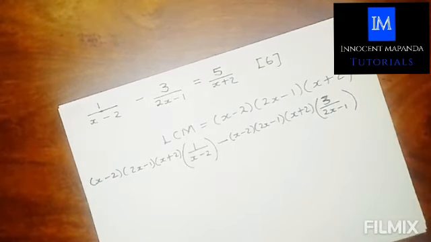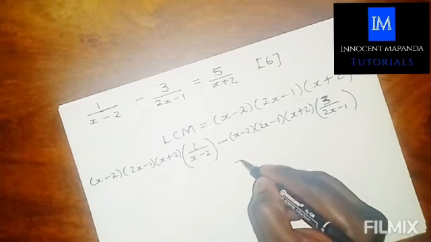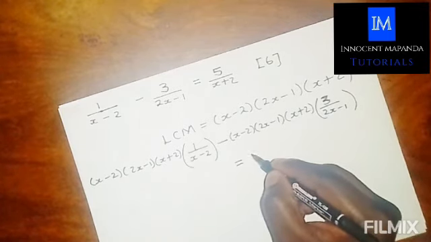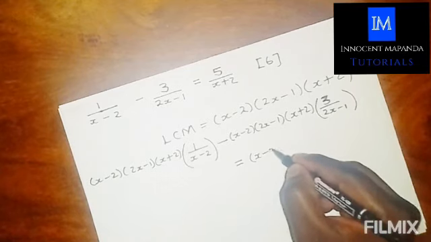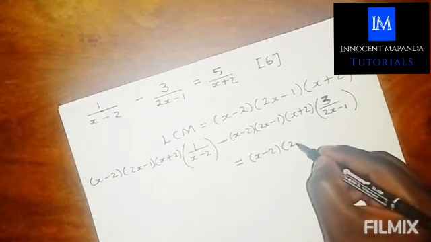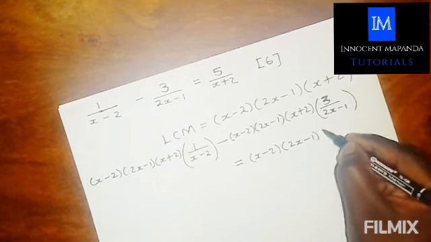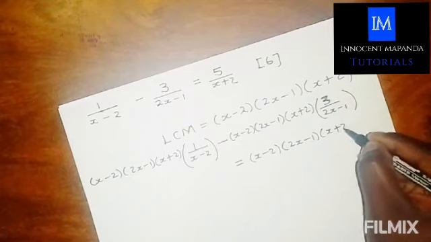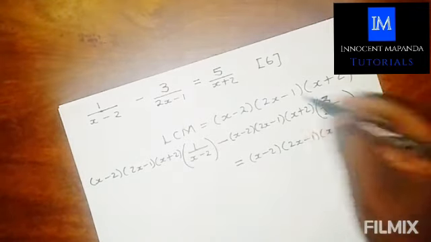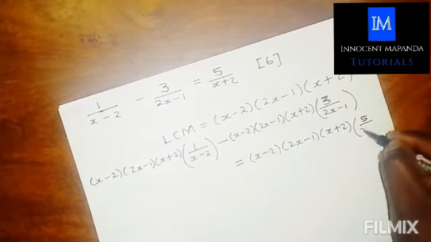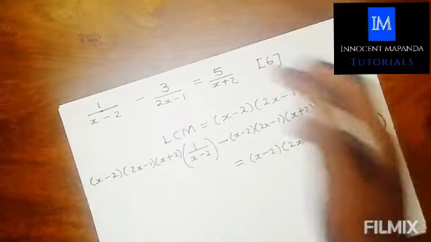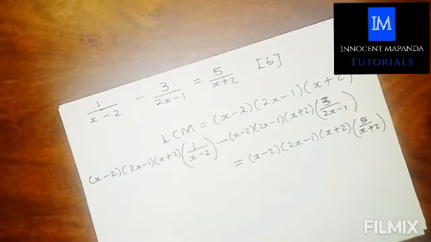So I'm done on the left side. It is equal to x minus 2, 2x minus 1, x plus 2, which is going to multiply 5 over x plus 2 on my right side. So I have multiplied both sides by the LCM.